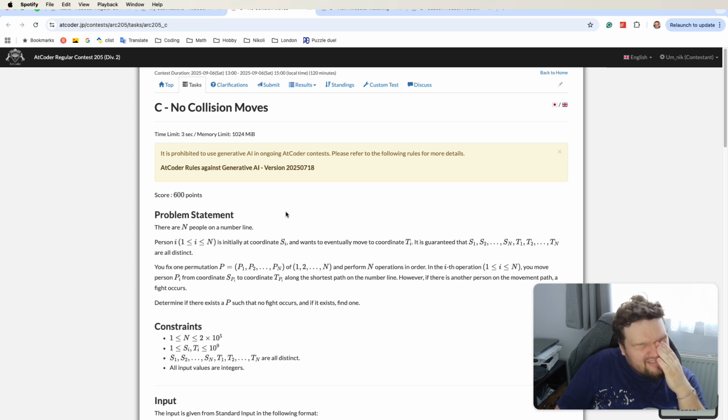Is it true then that I can take all of the people that want to move to the right and process them right to left, and take all the people that want to move to the left and process them from left to right? And all of those things are independent?